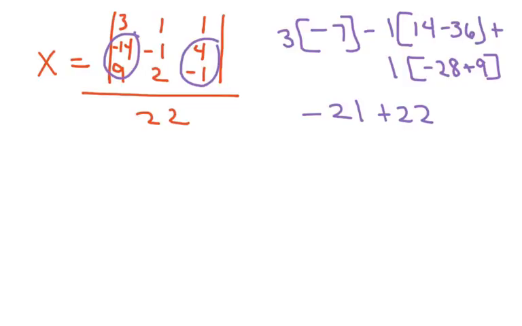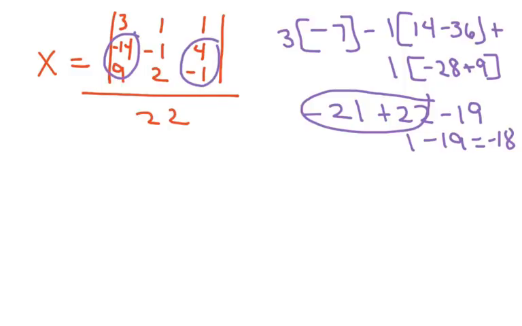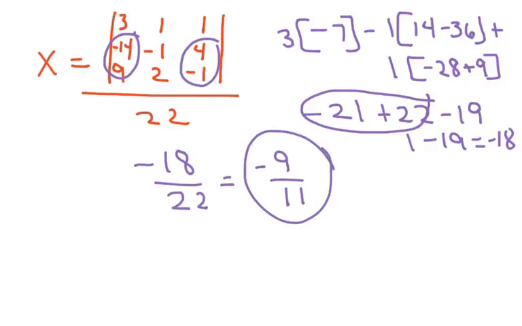Great, I'm getting purple here. So that's going to be minus 19. So this equals 1. So 1 minus 19 is -18. And so we get -18 over 22. And you reduce that by 2, and that gives us -9 over 11 is our X.